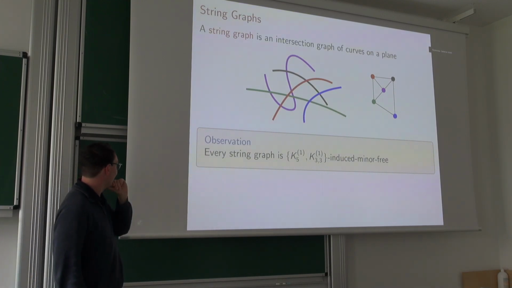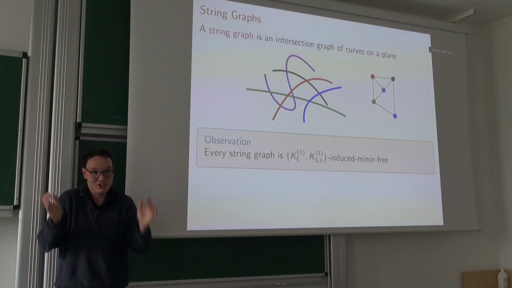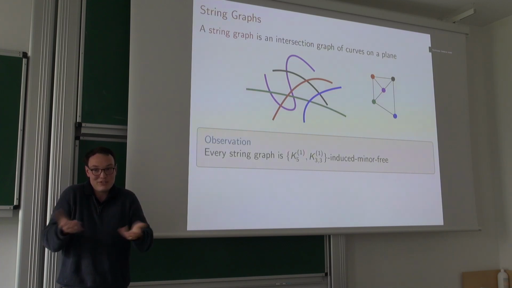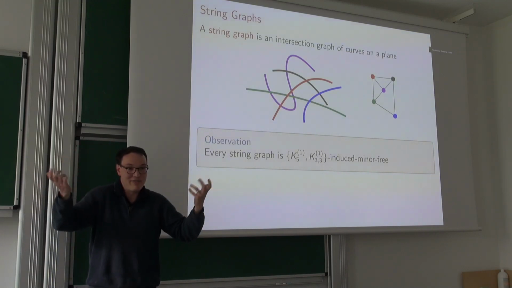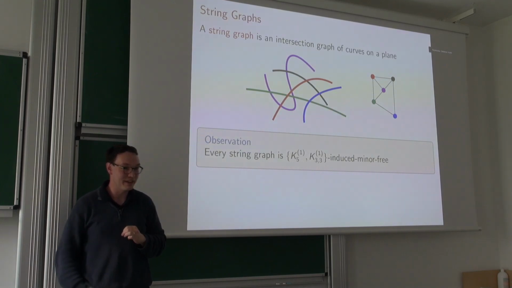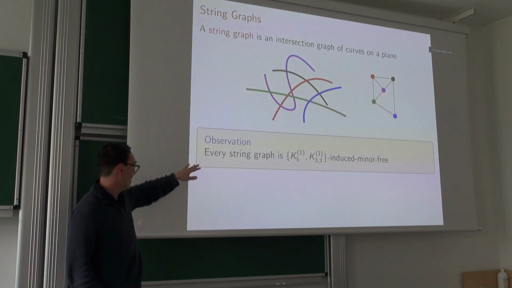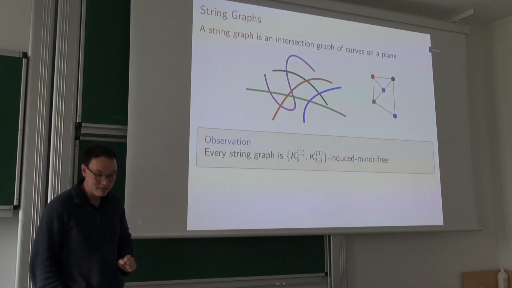This is a nice exercise to show. Essentially, you prove it by contradiction. Let's say it does contain the one subdivision of K5 as an induced minor. You can then build a planar graph that contains K5 as a minor. You get a contradiction there. So this is a well-known property about string graphs.